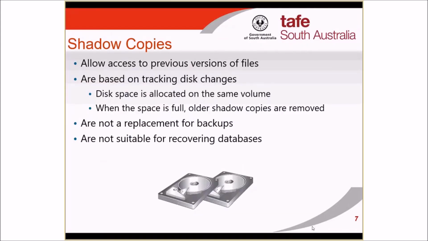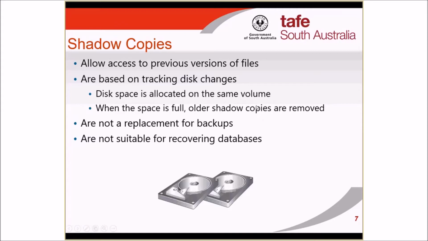Okay, so it allows access to previous versions of your files. It's based on tracking disk changes. So disk space is allocated on the same volume. So when you do a shadow copy, you are using up more space. It's on the same volume as the files. When the space is full, the older shadow copies are removed. You don't have to worry about cleaning up space. It just automatically deletes the older copies.